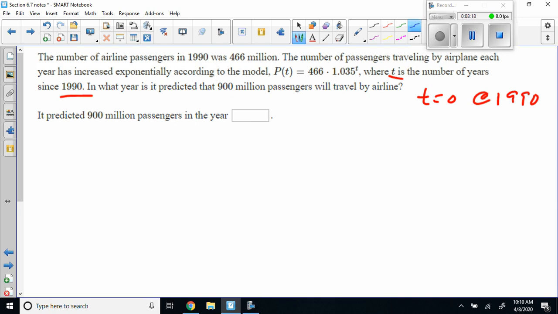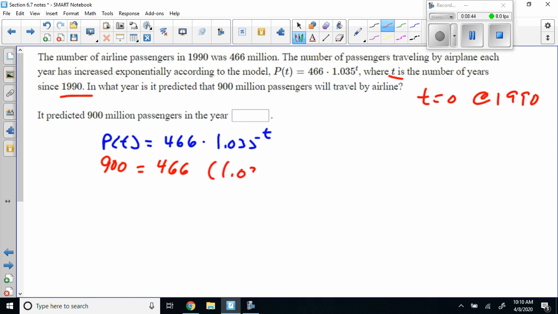Well, folks, here's the equation. In 1990, it was 46 million. That's the beginning amount times 1.035. That's your growth rate, or your base. Now our piece of T right here is going to be 900 because that's what we're trying to find. 46 times 1.035 to the T. Now note that this one does not have an E in it.